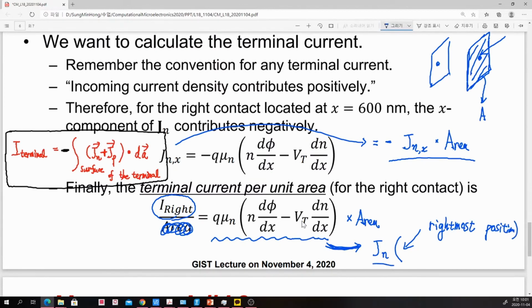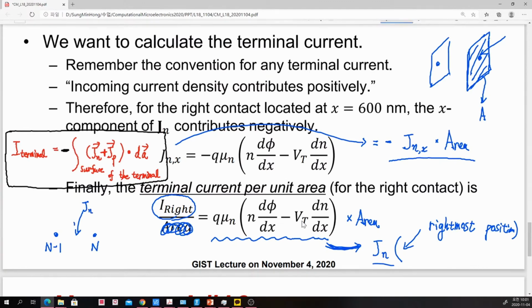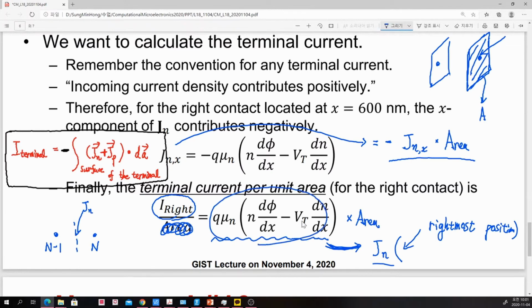Between your (n-1)th node and nth node, you define Jn. So that value is taken here, and you will get the terminal current immediately. Okay, practically that is quite tricky.